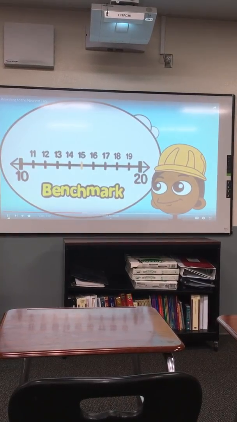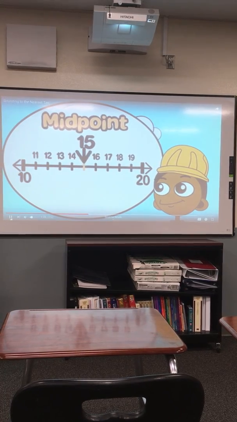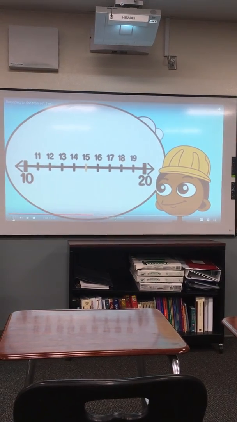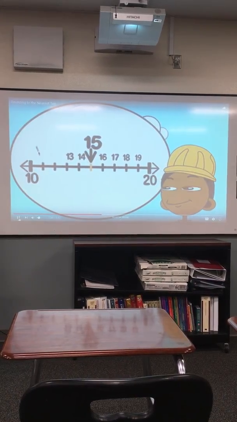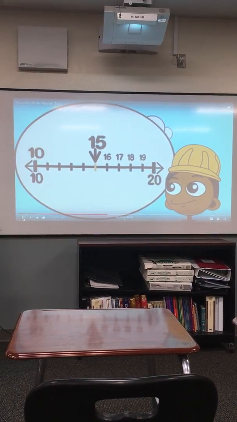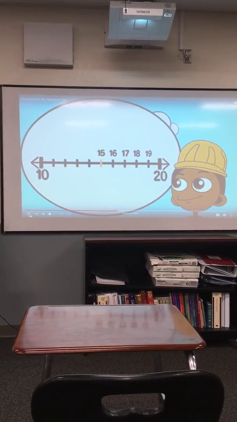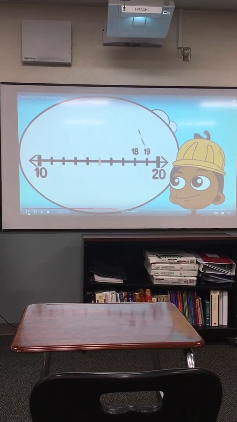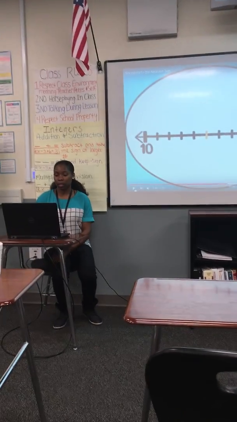And the midpoint is the number that is halfway between the two benchmarks. If the number you want to round is less than the midpoint, round down. If the number you are rounding is at the midpoint or greater than the midpoint, round up. So the midpoint has a 5 in the tens place.